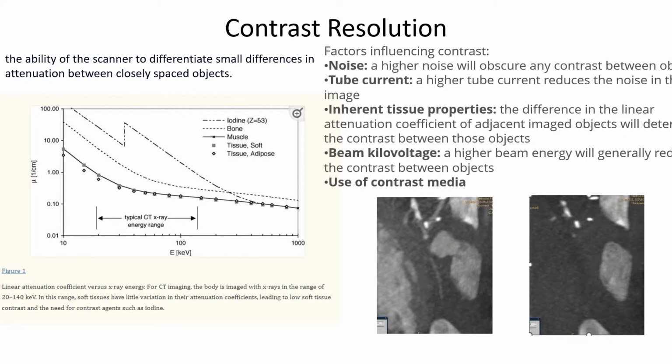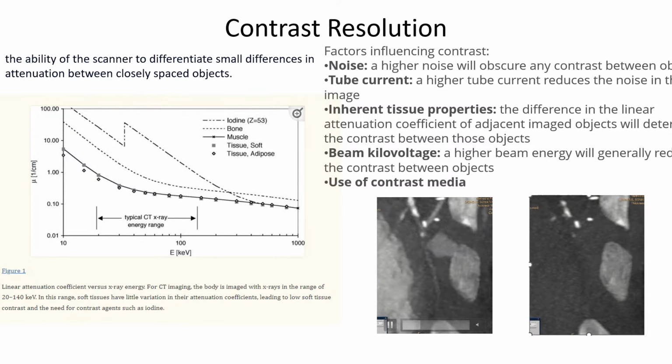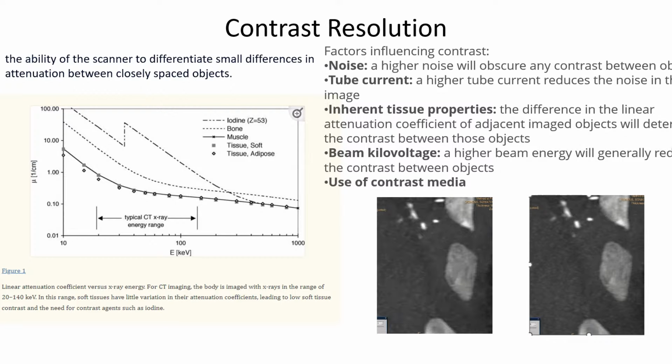We know this is part of the sternum, and there are some clips of the LIMA. You can see some calcium here and there. So we cannot tell what's going on. If you give contrast, you see clearly there's something here. This turned out to be a pseudoaneurysm of the LIMA anastomosis to the LAD.